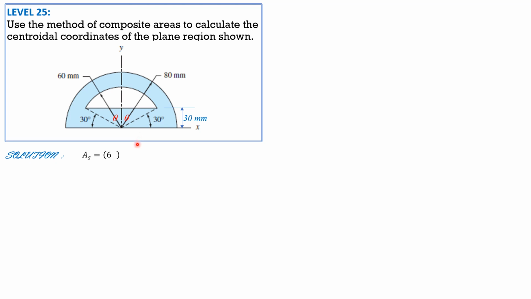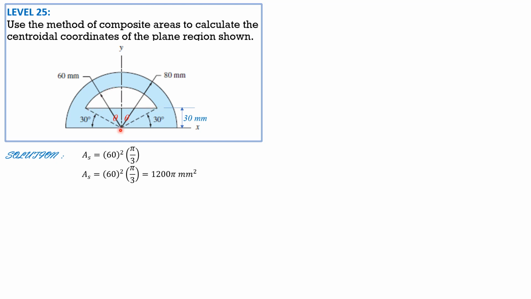Then area of sector is radius square times half of the central angle theta, which is pi over 3 radians. So area of sector is equal to 1200 pi mm square.